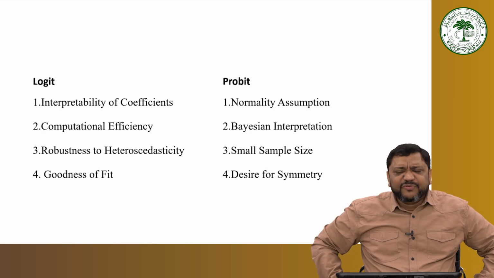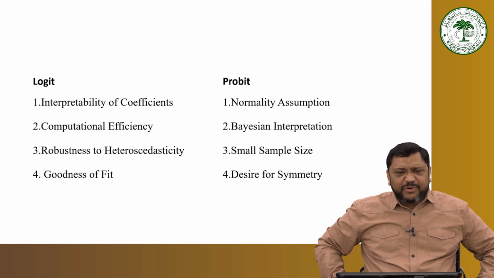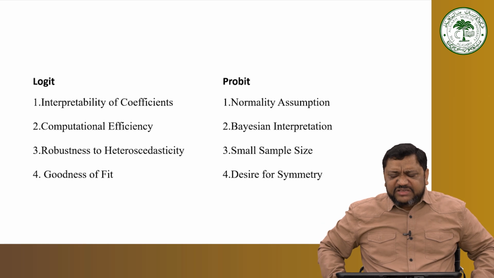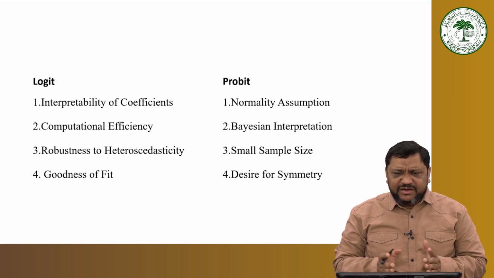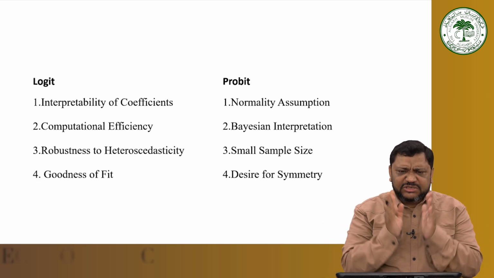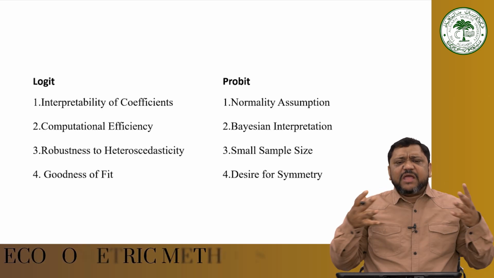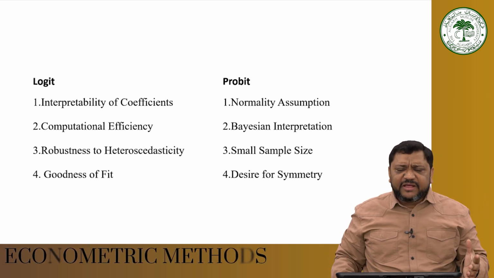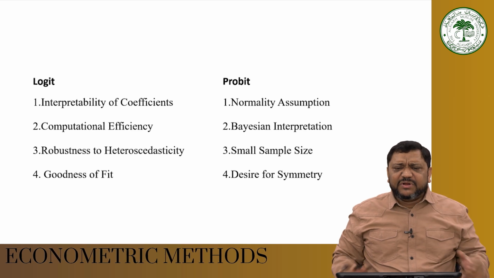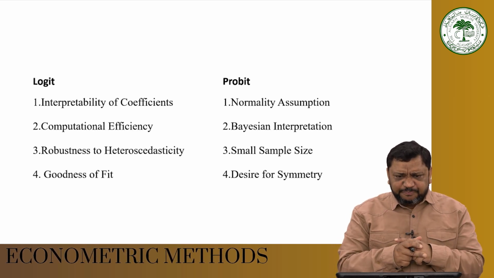So, we will be stopping our discussion on the probit model. In today's lecture, what we had basically done is concentrate on why we need different models wherein the dependent variable is dichotomous in nature.